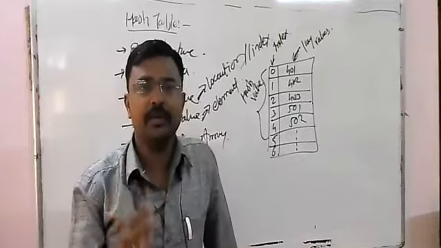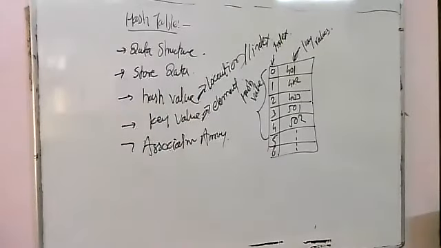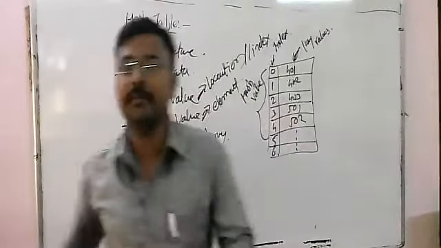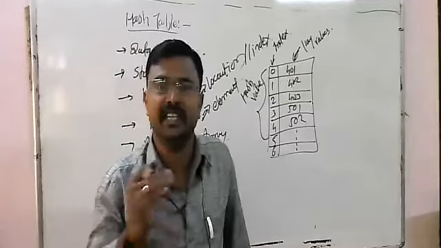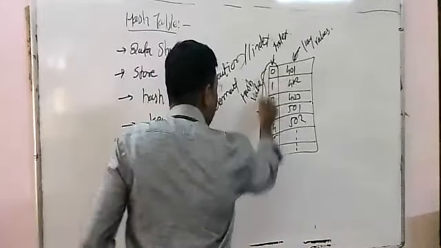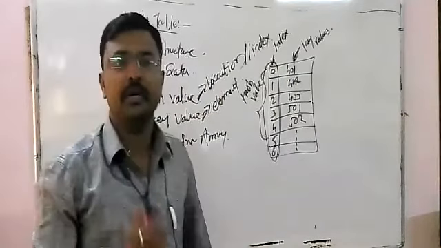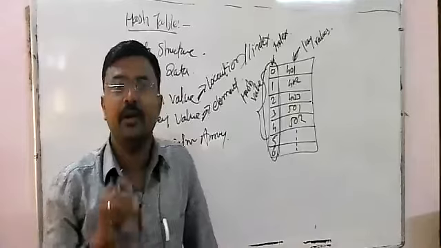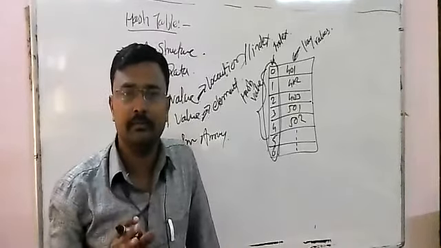So you have to take the help of a hashing technique, and with the help of this hashing technique, we are going to find the location where we can store that particular element.